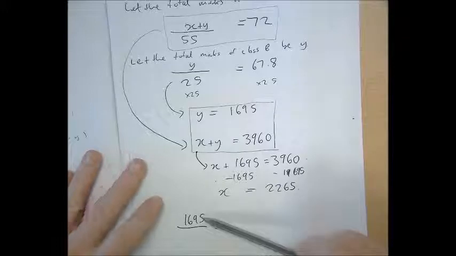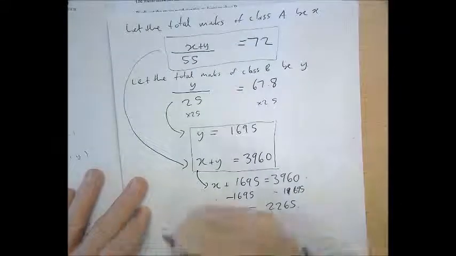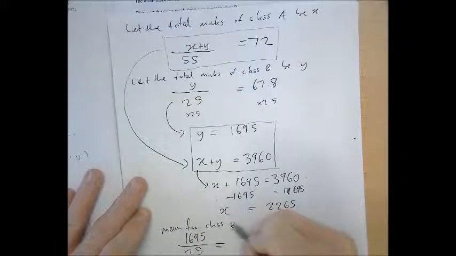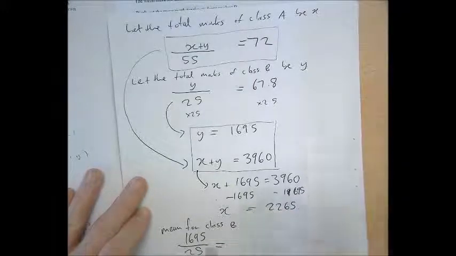So therefore, it's class B that's got the X. So therefore, for class B, it's 2265 over... How many students are in class B? 25. No, it's 30. Yeah, because 55 altogether, 25 a class. So Emily, can you work that out for me, please? It's 75.5. Okay, and that's your answer.